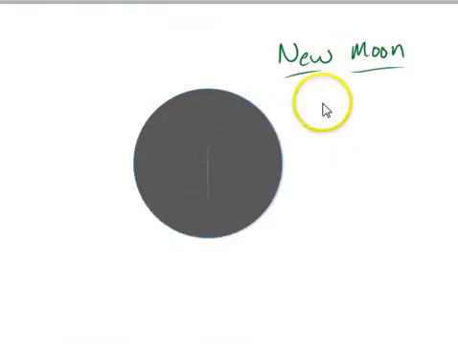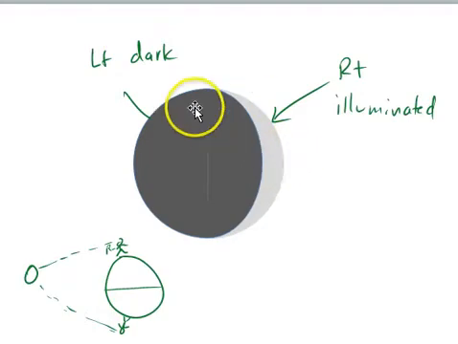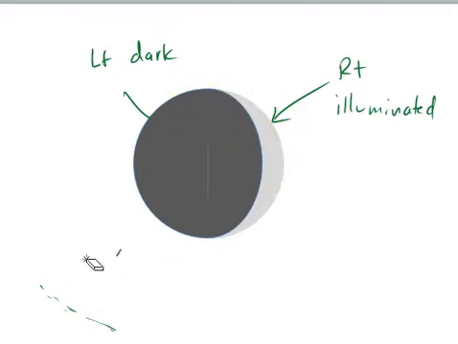Here we've got a new moon, it's darkened. Then you'll notice that as the moon orbits around Earth, you're going to have different parts appear to be illuminated.